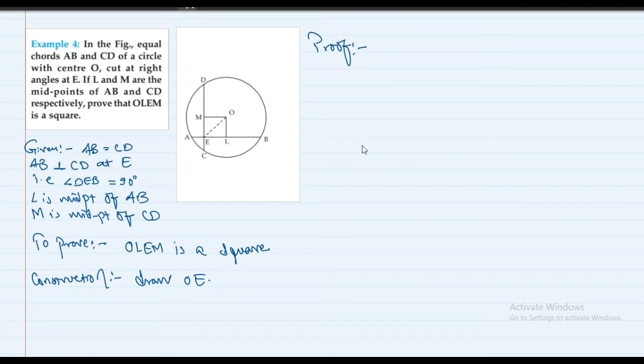So first of all, these two chords are equal and they are perpendicular to each other. Also, L and M are midpoints of AB and CD. So we can say that OL is perpendicular to AB and OM is perpendicular to CD. Why are these two perpendicular?